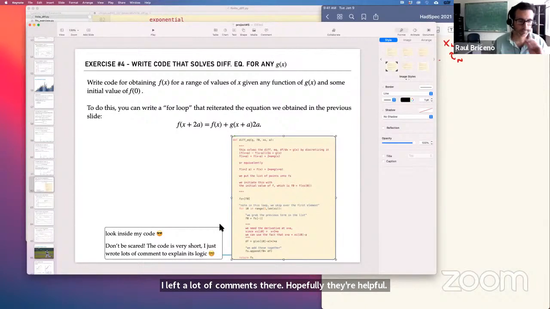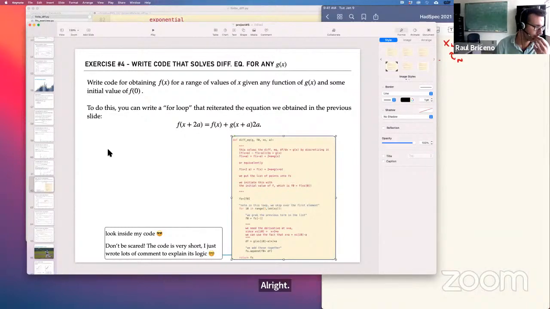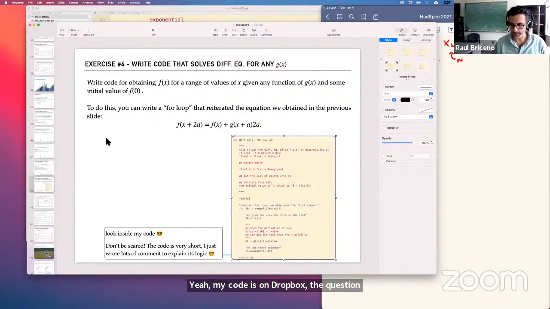Yeah, my code is on Dropbox. The question is whether my code is in Dropbox. It is.